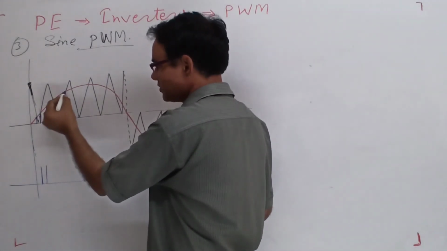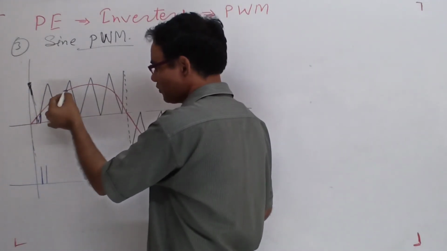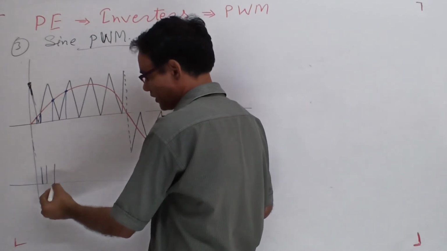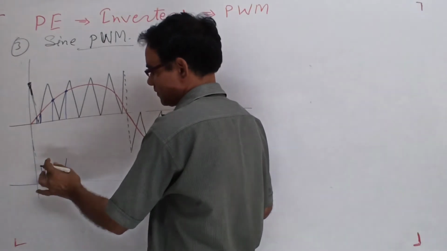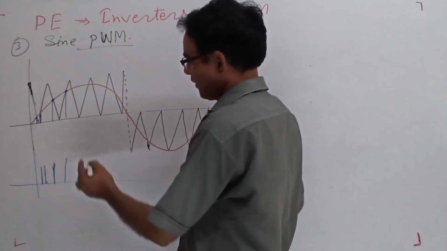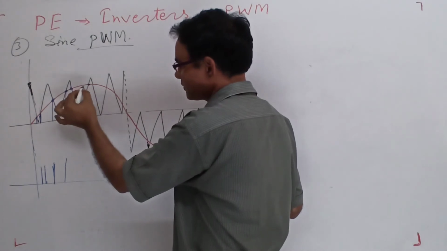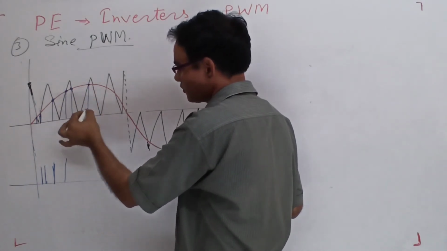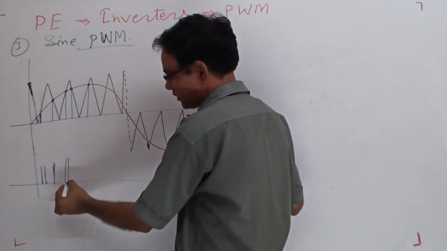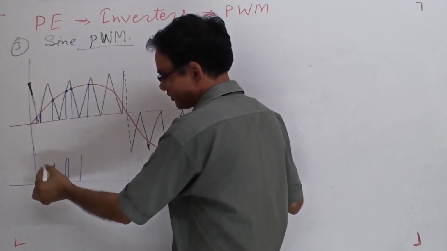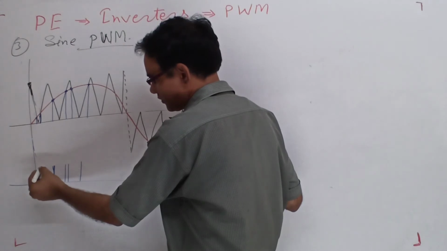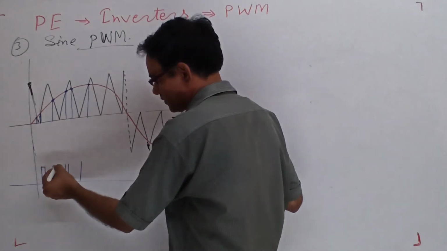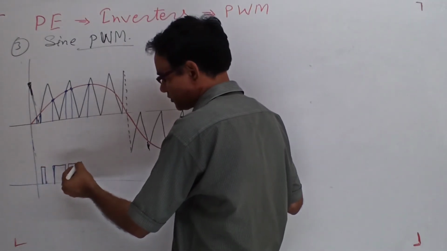The second pulse has a width equal to this one. The third pulse has a width equal to this one. So this is the first pulse, this is the second pulse, this is the third pulse.